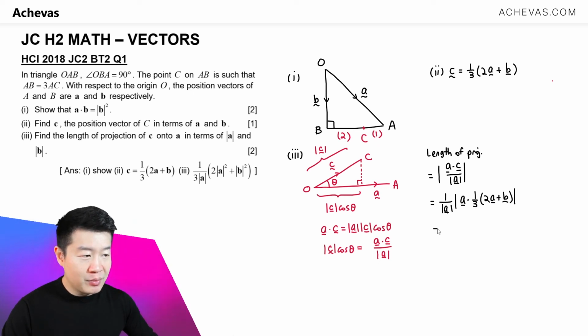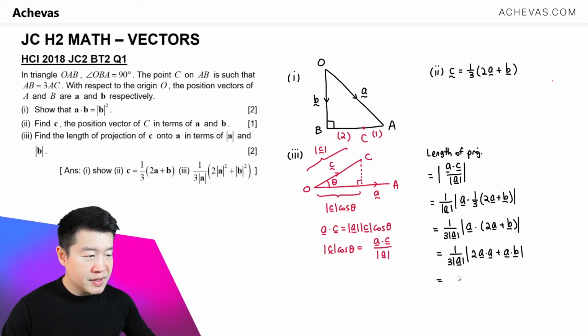I'm going to bring it out of the modulus also. So we have a 1 over 3 modulus of A, and here A dot 2A plus B. Re-expressing what we have here, it is going to be this dot this, which is 2A dot A, then plus A dot B. So this is equal to 1 over 3 of modulus of A. And what is A dot A?